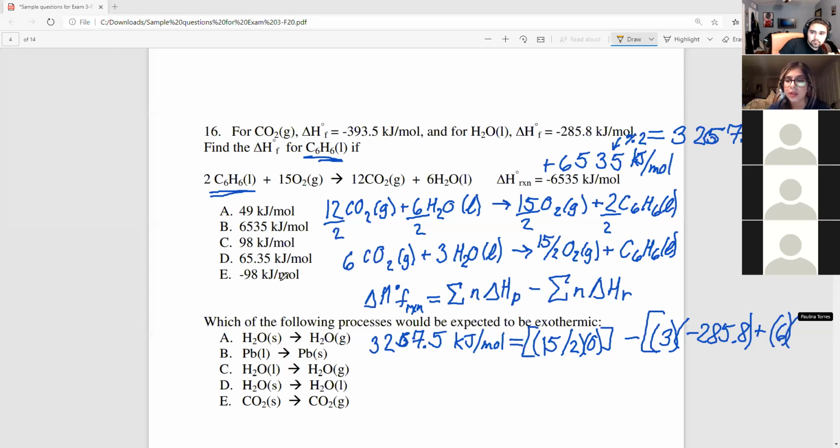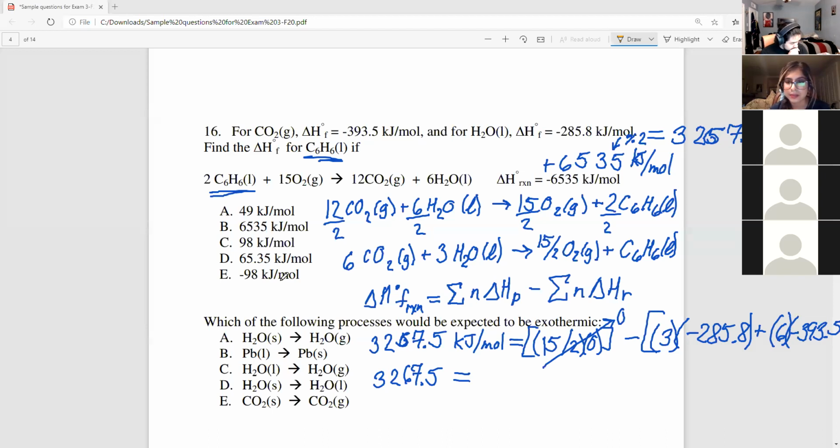And the enthalpy for that is 393.5. So I ran out of room. Okay. So we have 327.5. Okay, so this goes to 0. We have a negative plus a negative times a negative. So we know we're going to get, what the heck?